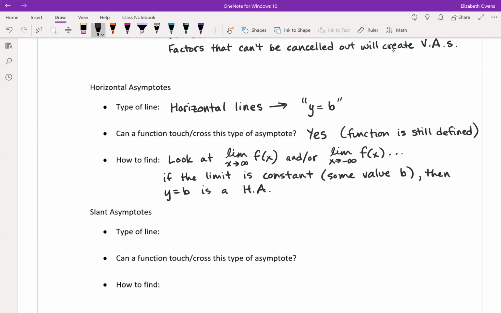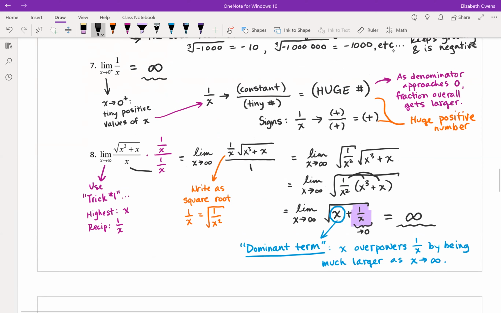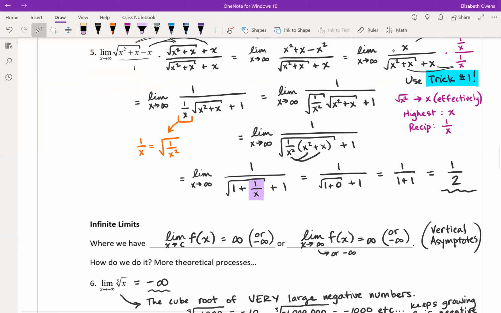HA for horizontal asymptote. Okay, if you take a limit like this and it is not constant, for example, like we saw in example 8, our limit as x approached infinity turned out to be infinite. That does not create a horizontal asymptote. Okay. So yeah, these infinite limits, nope.